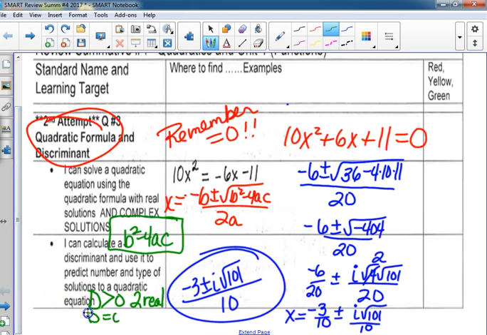If it's equal to 0, there's 1 real. Yes, 2 complex. If you wrote imaginary, I would not count that wrong. I'm okay with them, 2 imaginary. Do you remember why it's really called complex? Yeah, you got it. All right, can I go on to the next standard?